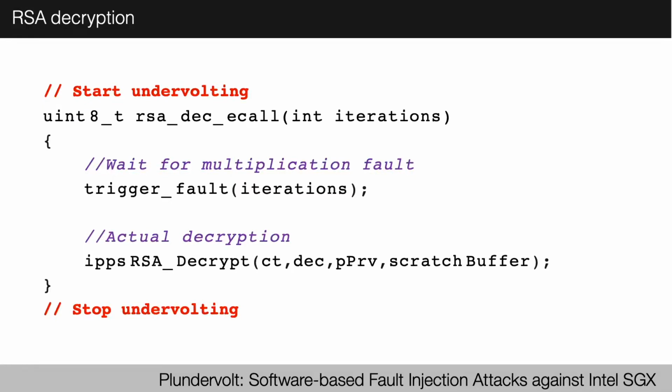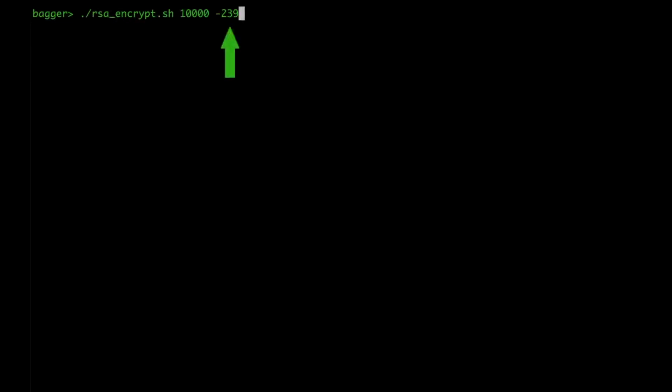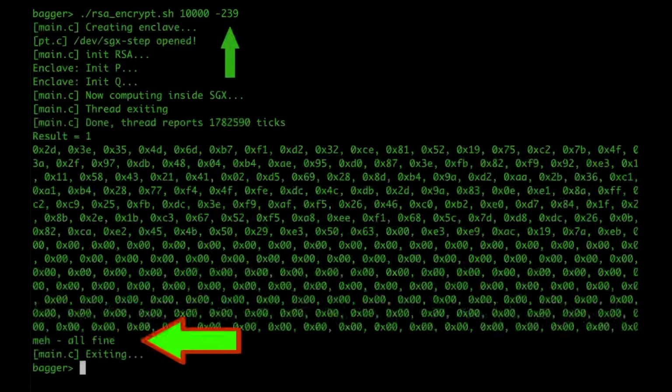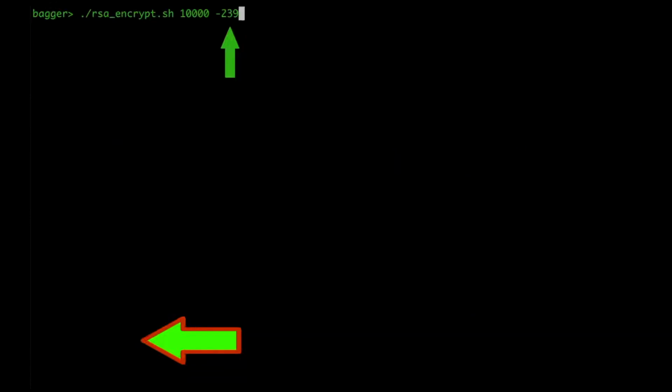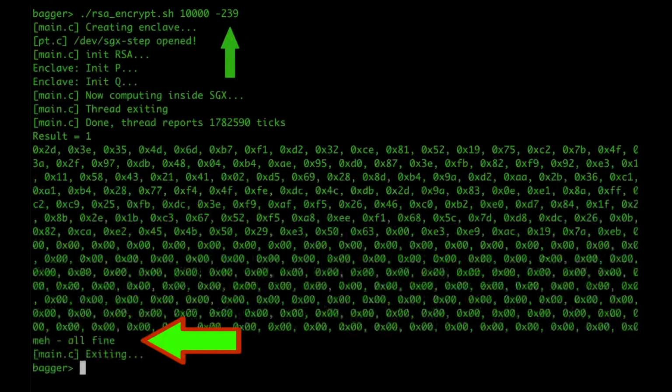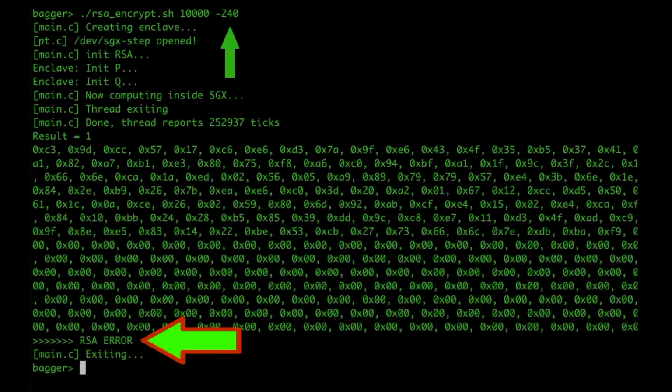And this is what happened. I'm undervolting at minus 239, and I'm doing a decryption. And as you can see, it's saying all fine, and that large hex you're seeing is the decryption. And there we go, we've got an RSA error. At minus 240 millivolts, we get an error.